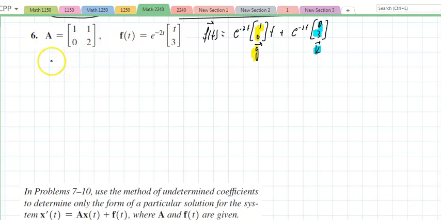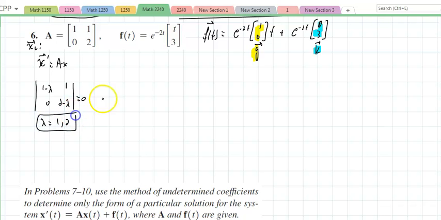If I find the homogeneous, we know how to do that. That is x prime equal Ax with nothing else. That is the complementary solution. So that would mean that the determinant of (1 minus lambda, 1, 0, 2 minus lambda) equals 0. That would mean lambda equals 1 and 2, right?